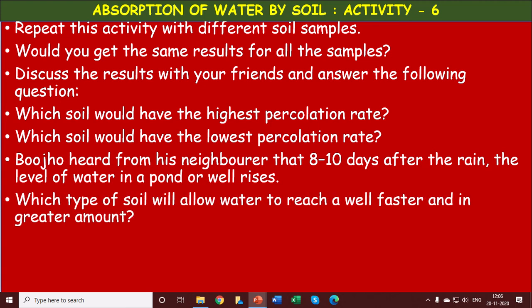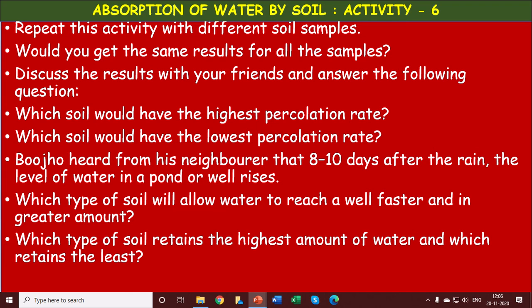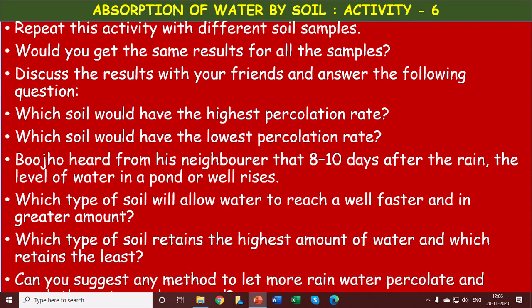Which type of soil will allow water to reach a well faster and in greater amount? Which type of soil retains the highest amount of water and which retains the least? And can you suggest any methods to let more rainwater percolate and reach the water underground? Okay, so these questions you need to answer.